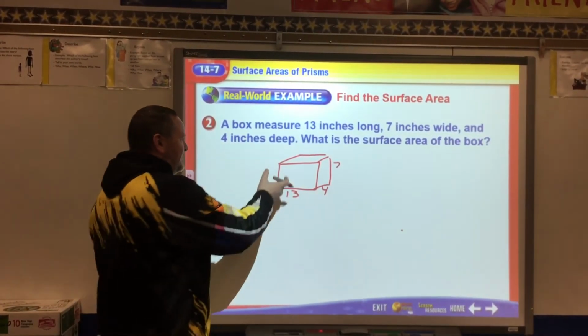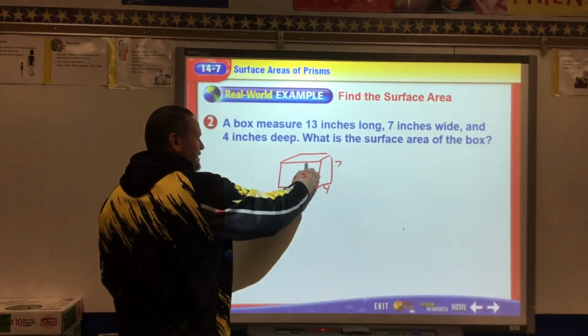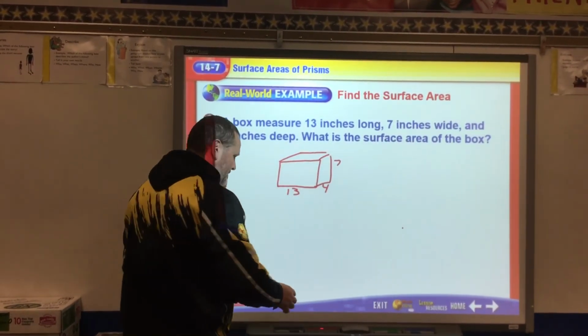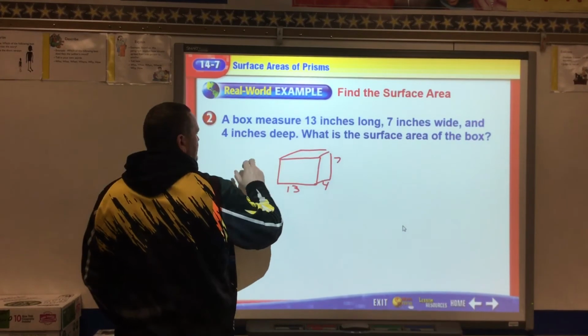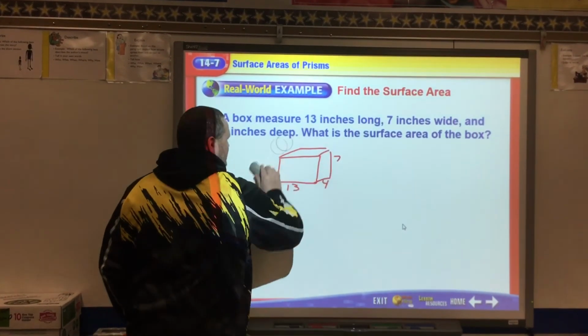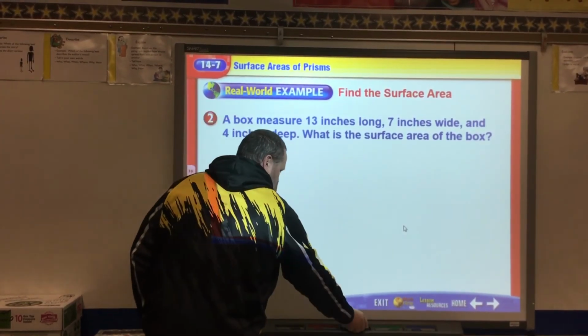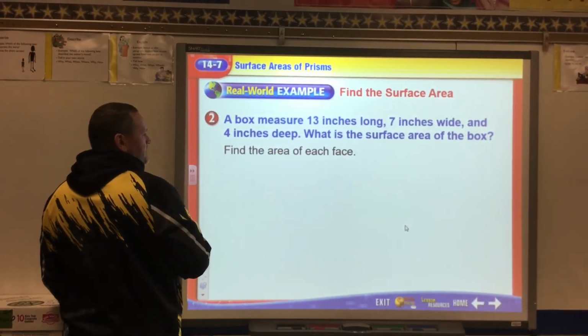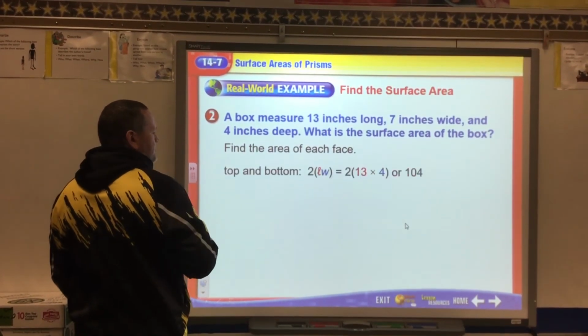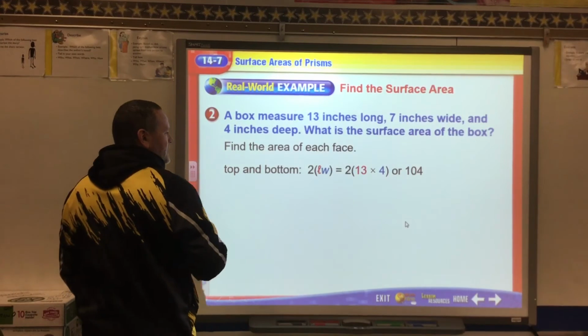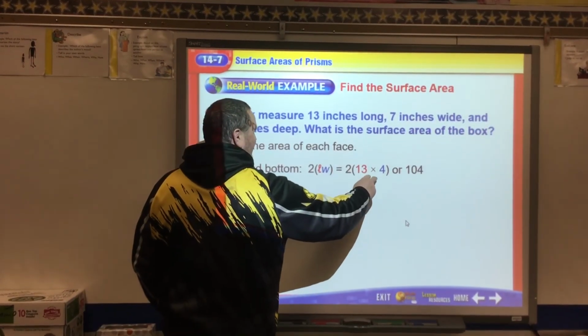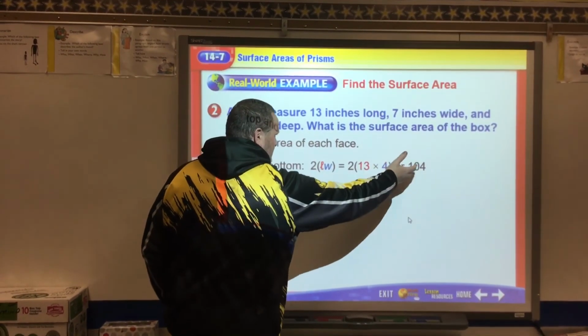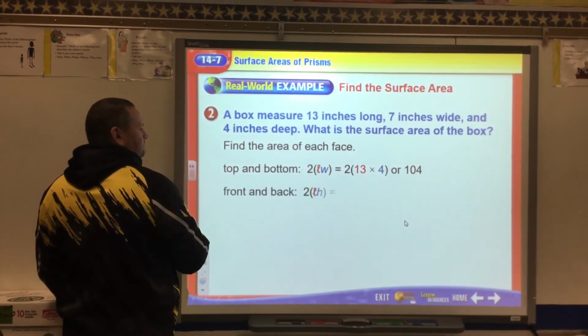And then you can go ahead and find the surface area of each one of the faces and doing exactly the same. I'll erase this because it's going to be right over the top of it. Top and the bottom, again, would have been a 13 by 4. Double it, and you get 104.